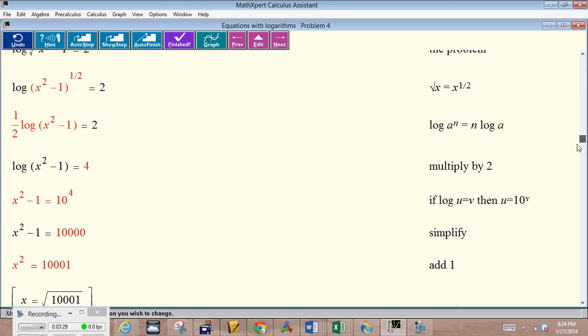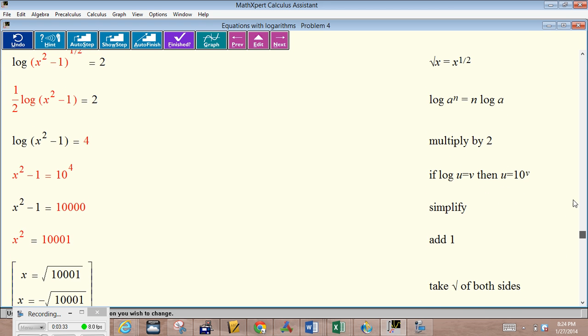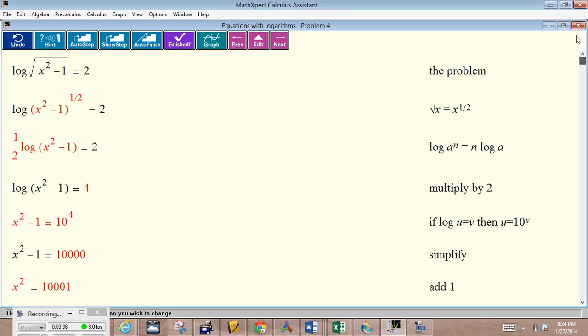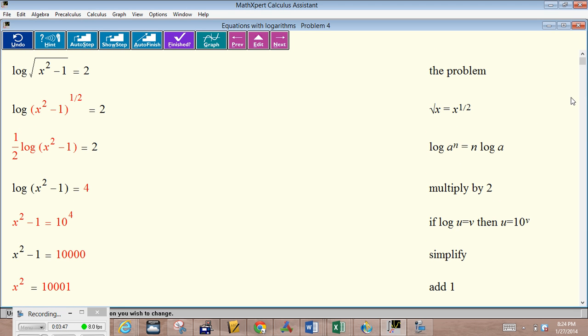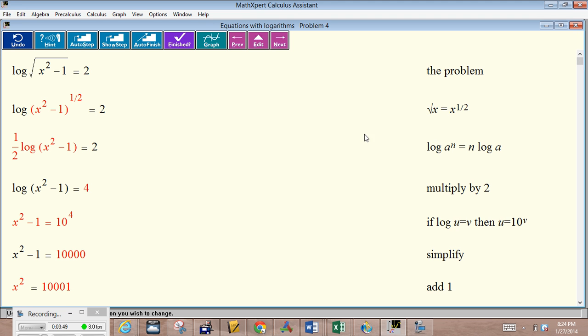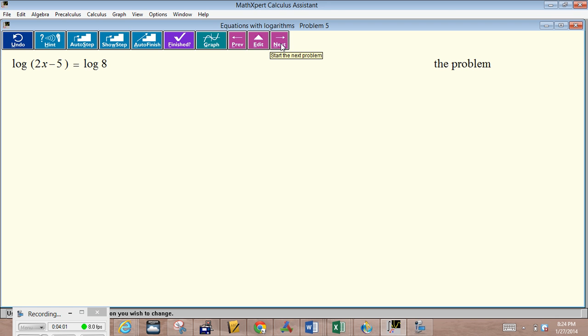Whatever that value is, the negative square root of 10,001, when squared, is not going to have a problem in terms of putting it back into the original equation. So there's our answer: the square root of 10,001.